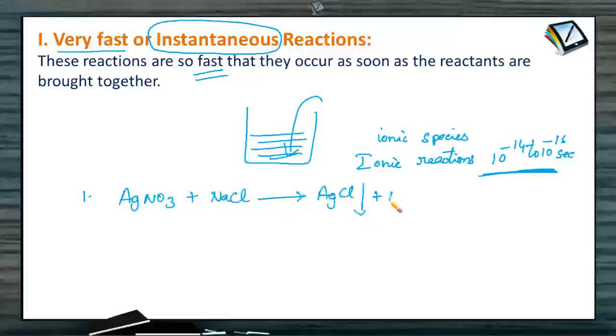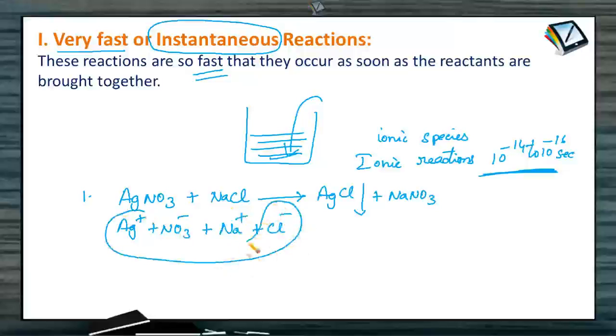So here what happens is, in aqueous solution, silver nitrate exists as Ag+ and NO3-. And again in aqueous solution, sodium chloride exists as Na+ and Cl-. So this Ag+ and Cl- combine with very high speed, and that results in the formation of AgCl precipitate.